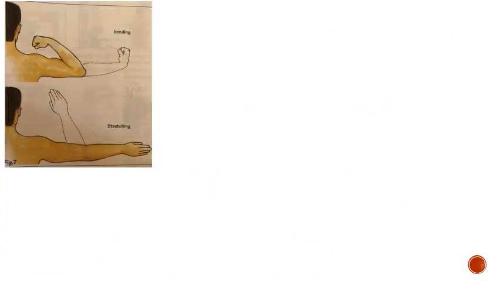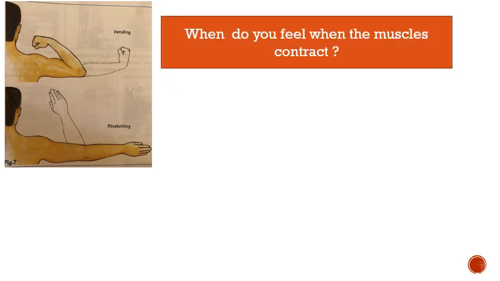Now I want you to observe this image again and then answer this question. What do you feel when the muscles contract? If you now contract your muscles, when you bend your arm, you feel that your upper muscles contract. How do you feel that? Excellent.